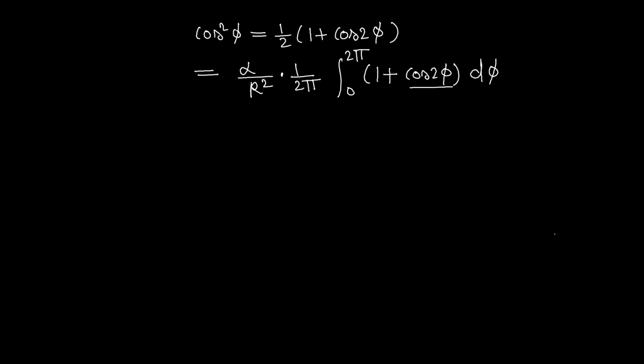So this term will become 0 because the integration of cos 2 phi is sine 2 phi divided by 2, and if we put the limits, sine 4 pi is 0 and sine 0 is also 0. And the integration of 1 is phi, so if you put the limits, it will become 2 pi. 2 pi will cancel out and you will get alpha upon r square. 1 by 2 is also here. So the answer is alpha upon 2 r square.